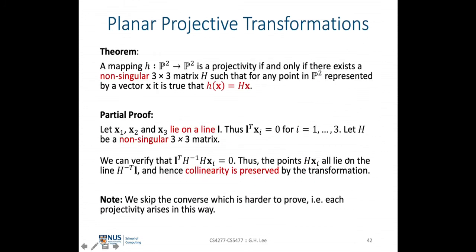The theorem of projective space, as I mentioned in the previous slide, is that given a mapping H, it maps an entity from a 2D projective space into another 2D projective space.